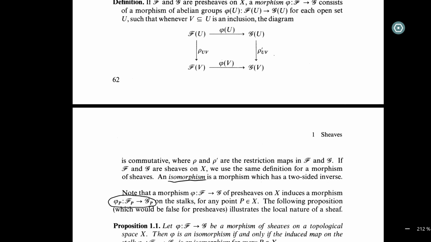So suppose we take the open neighborhoods of P, then all of them map into F_P.